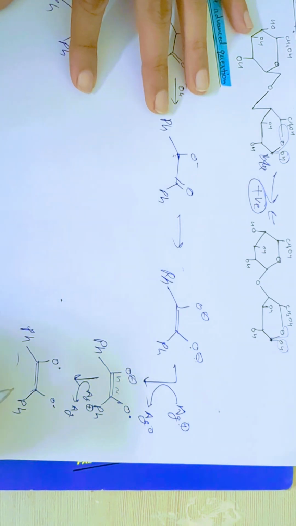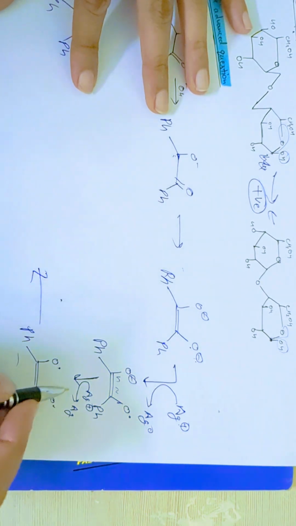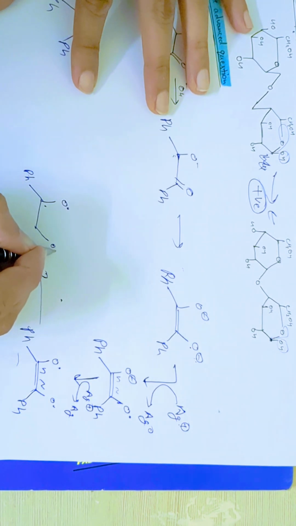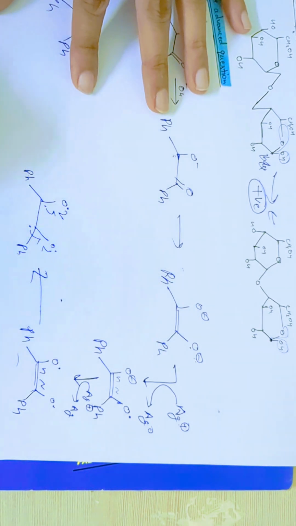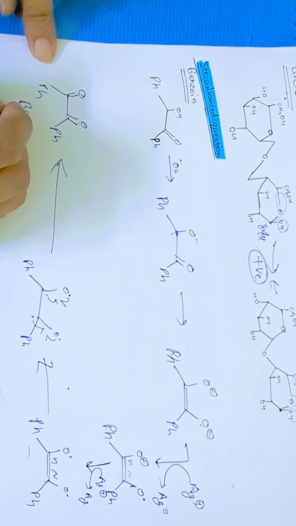Okay, now you can see here, if there is a homolytic cleavage in this bond, then here is radical coupling, and we get the species benzil.